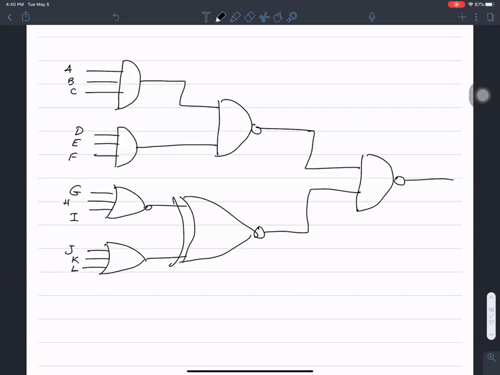So the idea is, if you have a combinational circuit with inputs all the way from A through L, that's 12 in this case, how would you go about testing this circuit if you follow the regular brute force approach?